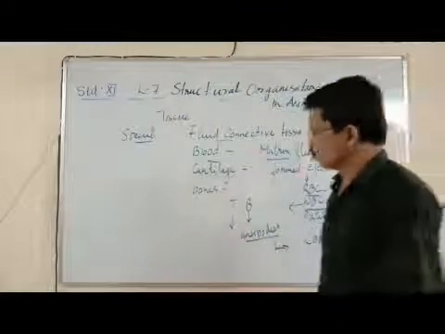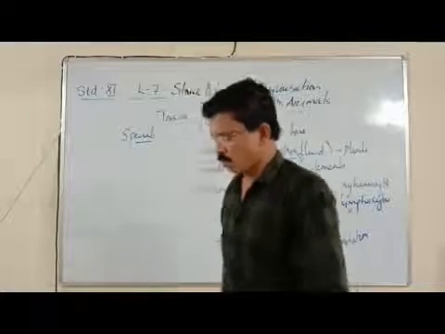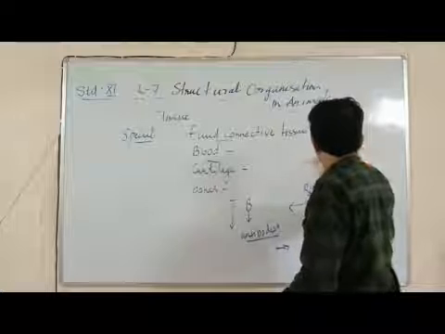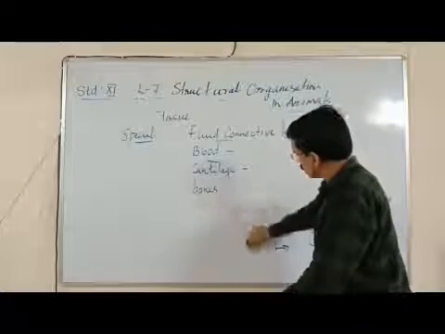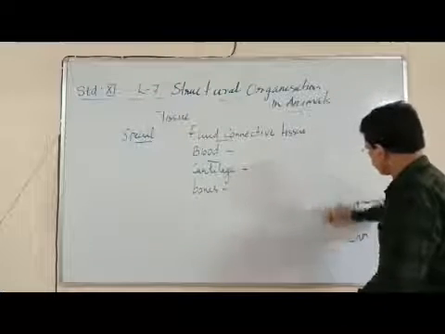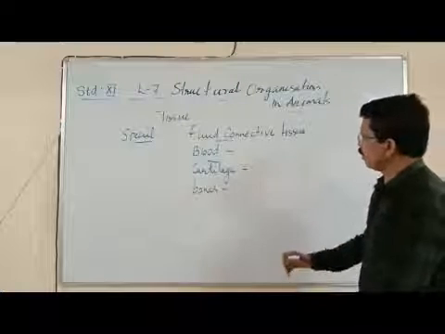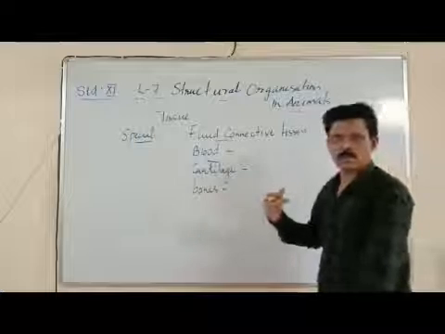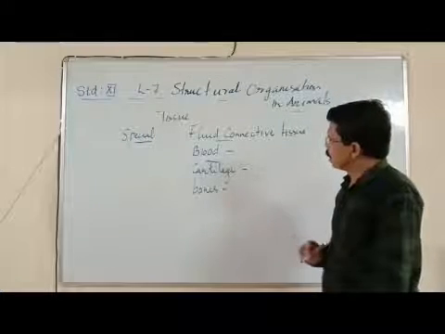Now we are coming to the other tissues, cartilage and bones. Cartilage is a pliable but solid connective tissue. They resist compression or pressure.